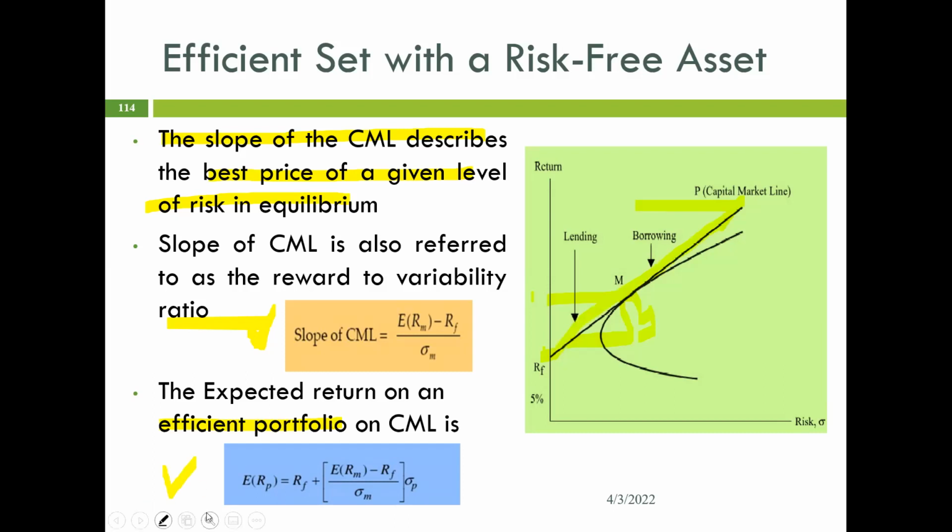So this is the formula. Expected return of the efficient portfolio. මතක තියාගන්න මෙතන relevant only for the efficient portfolio. On the CML, it is equal to RF plus slope into sigma P, the portfolio risk or the relevant portfolio standard deviation.